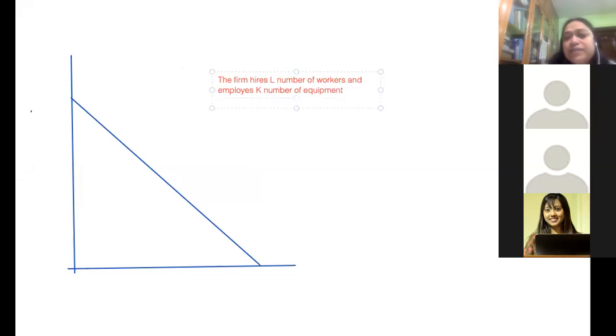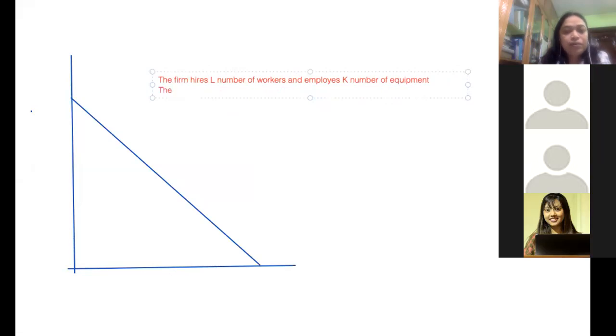Okay, so L is labor and K is capital. The wage rate is W and the rental rate of capital is R. So the labor cost of the farm is, what is the labor cost of the farm?